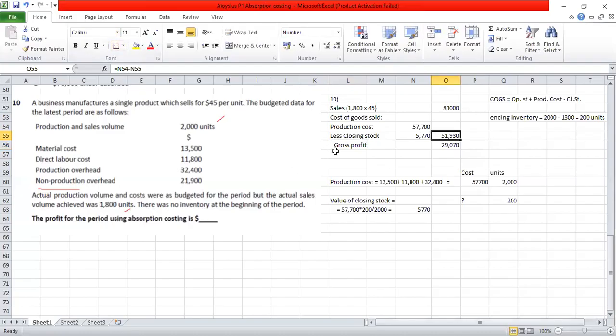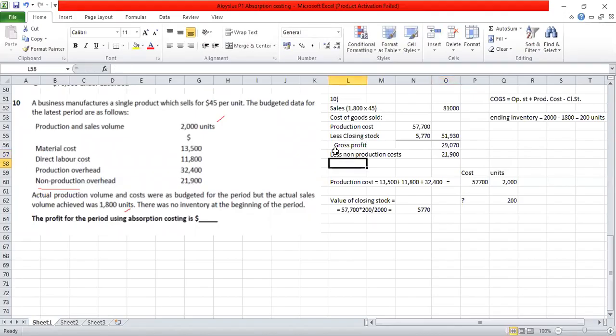After gross profit, there are again non-production costs also incurred. Non-production costs are 21,900.